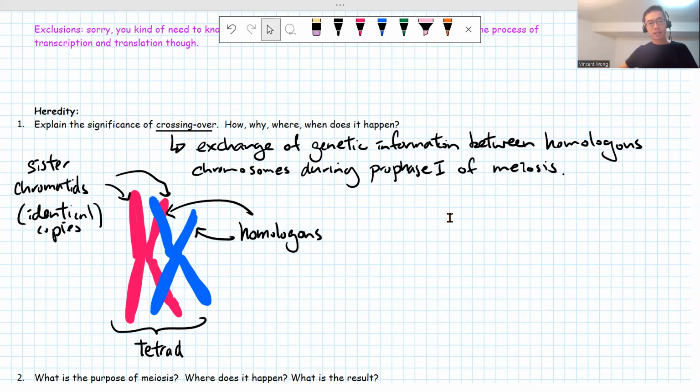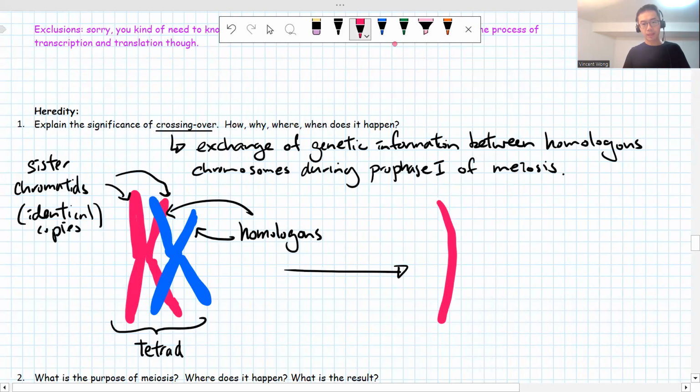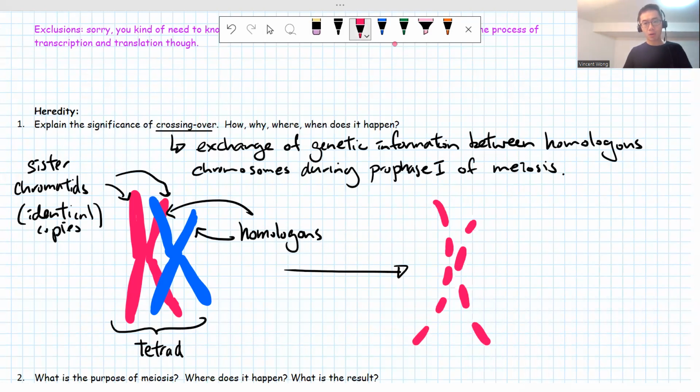Afterwards, you will have the exchange of material. Let's maybe draw it properly. You actually have the crossing over happening all over the DNA.